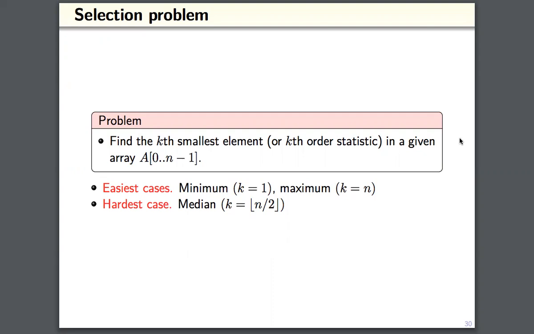Should that be in sorted order or not? We don't care. Some algorithms as a byproduct might give you the sorted order of the top k elements. But that's not the question. The question here is you just want to find the kth smallest element and you don't care about other elements. If as a byproduct you get the top k elements, whether sorted or not, that's good, but that's not what we are asking for here.